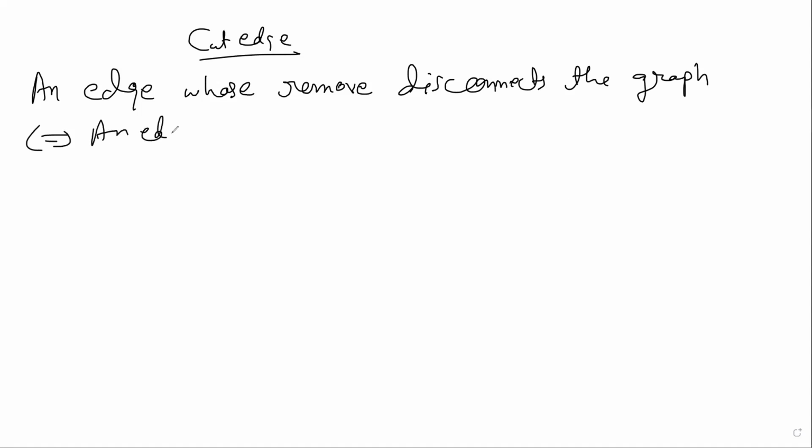An edge on no cycle is something that does not belong to any cycle. That is exactly what a cut edge is. So what can we say about cut edges and trees?